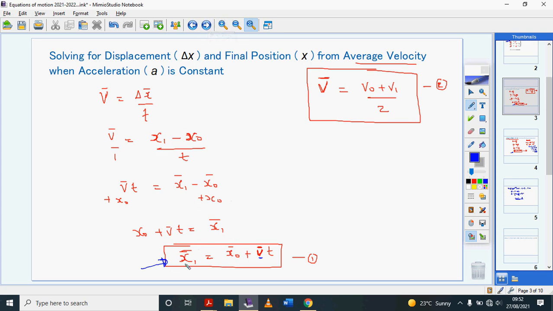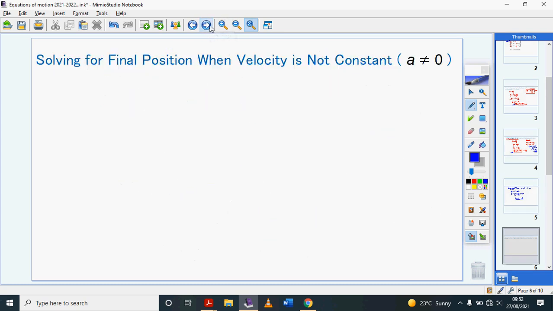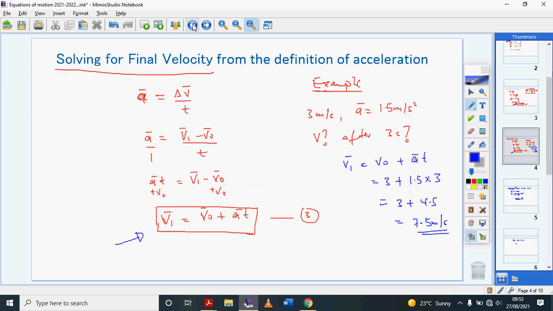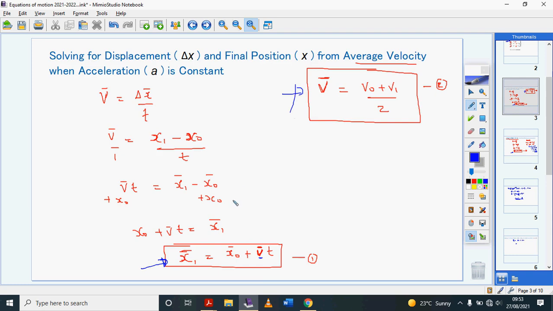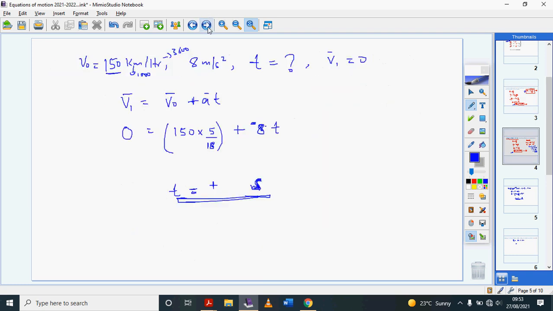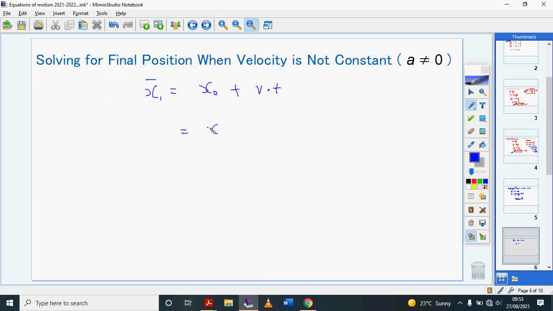So this equation says that x1, or the final position, is equal to the initial position plus average velocity times time. Sorry, I meant to say combine this equation and that equation, those two. Average velocity is, according to that equation a couple of slides ago, v0 plus v1 divided by 2.